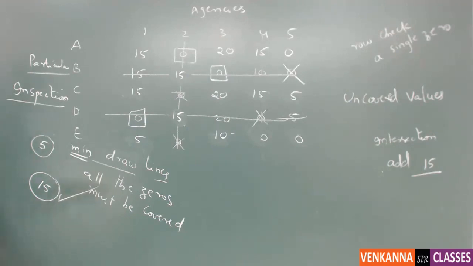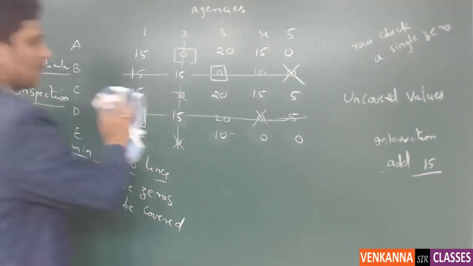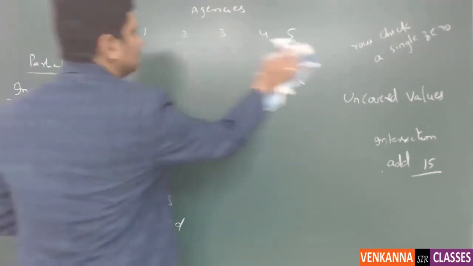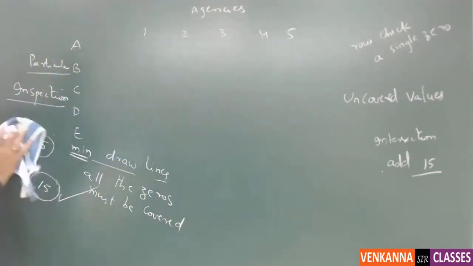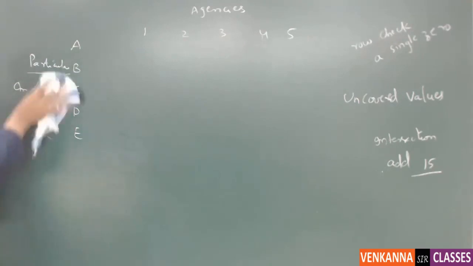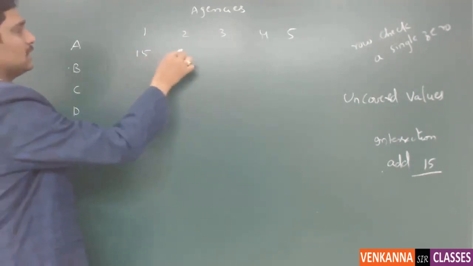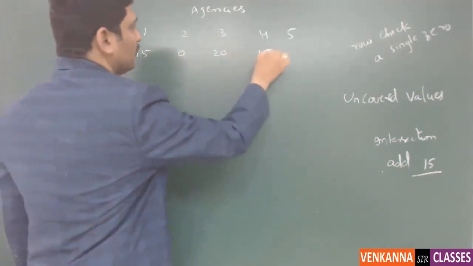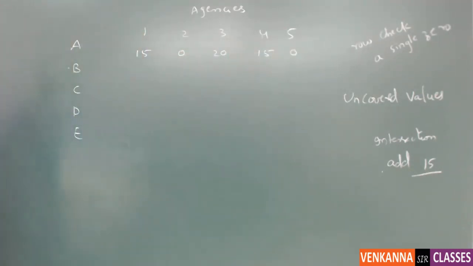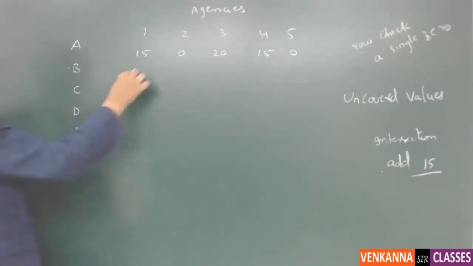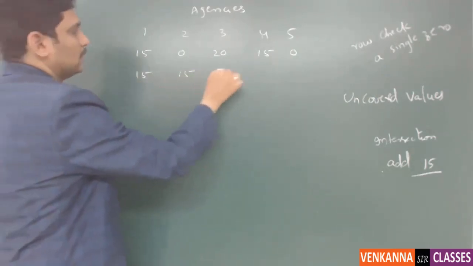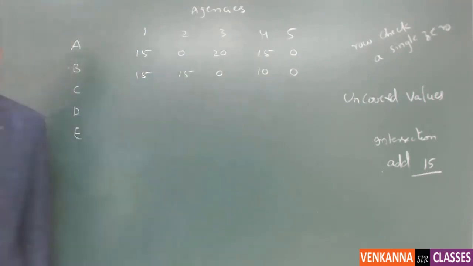Right. Now, again, we are going to allocate the things. So let me write the matrix clearly first. The values will come like this: 15, 0, 20, 15, 0. Then you have 15, 15, 0, 10, 0.